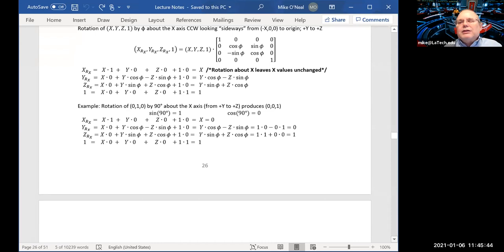So why am I making a big deal about this? Because if you read the Direct3D documentation, they use the same matrices I use, and they work in the same way, but they will describe the rotations as being clockwise because they are assuming that you're looking at the origin from a positive point on the axis, rather than from a negative point on the axis like I'm doing.